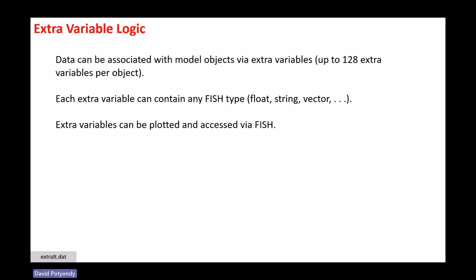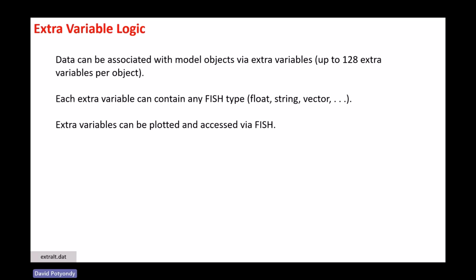The last thing I want to discuss is you can associate information or data with every object as much as you want. Think of this as what we call extra variables. So this is extra information that you're assigning. This is a very general type of data.